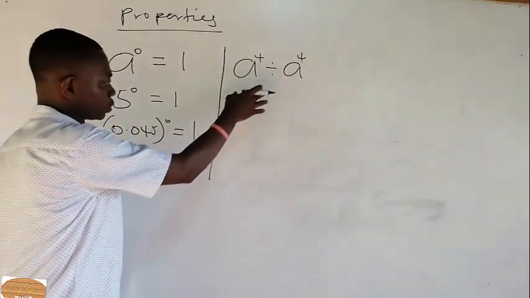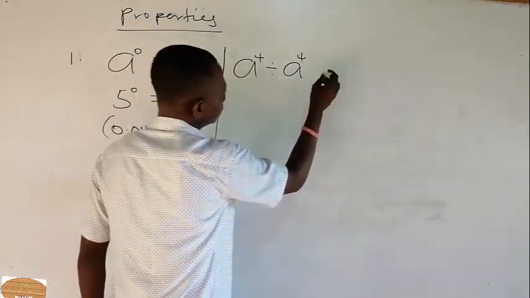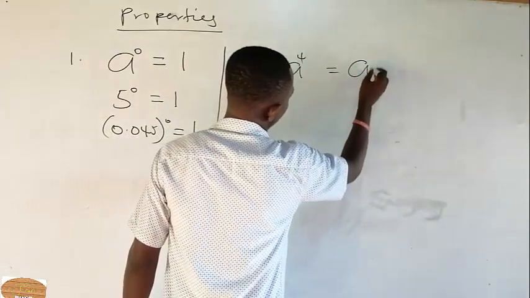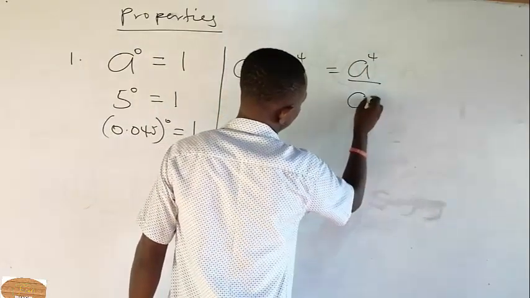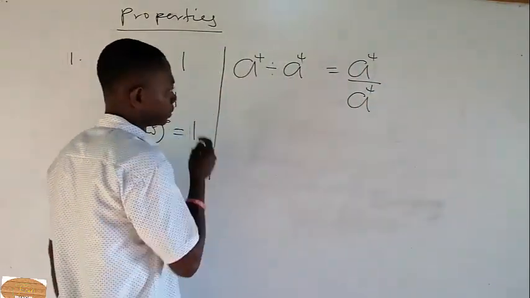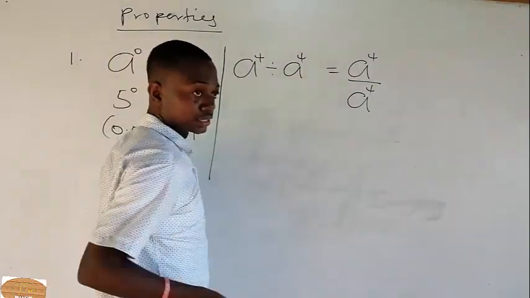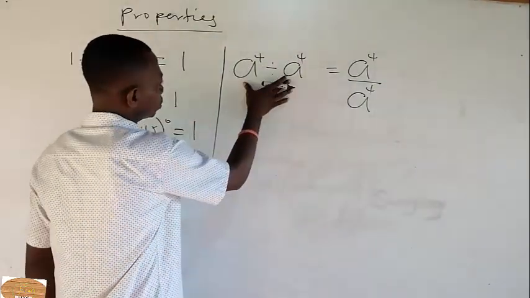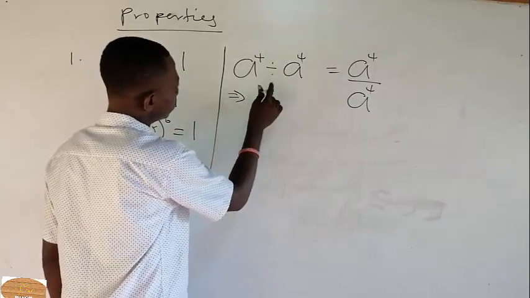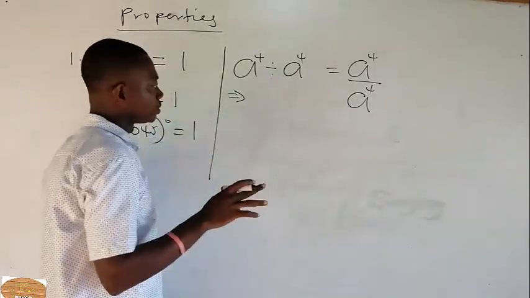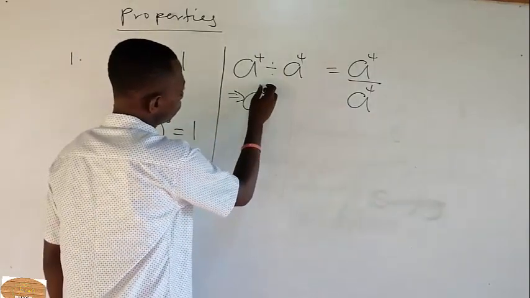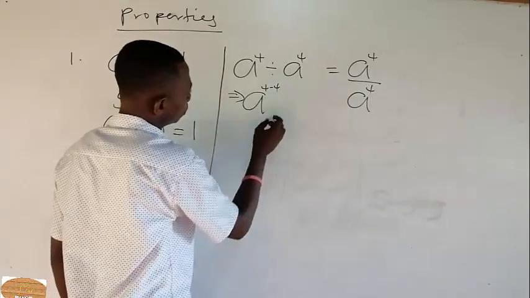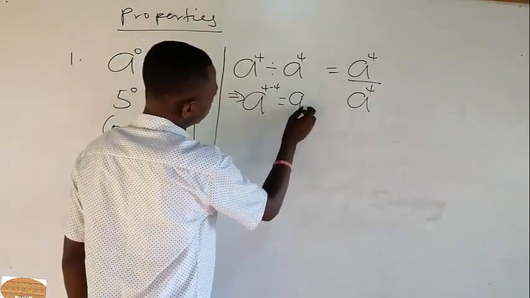Now you know that this is the same as a to the power 4 over a to the power 4. So let's solve the left and then the right and see. Let's apply the law here. The law for division is we subtract. So a to the power 4 minus 4, which is a to the power 0.